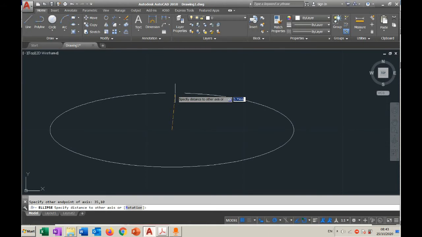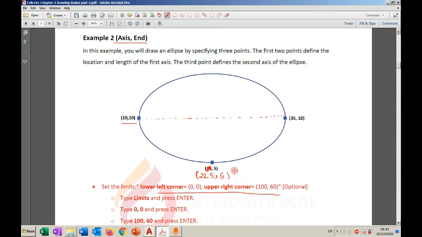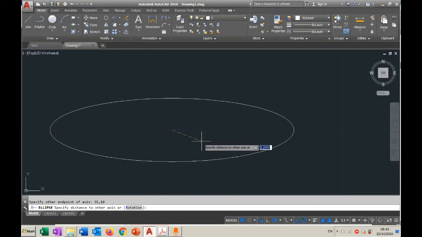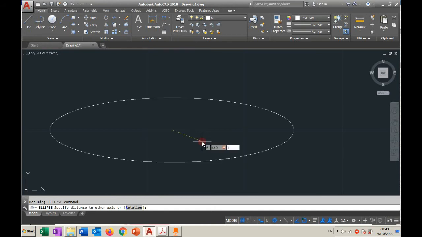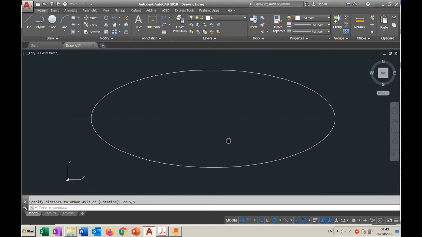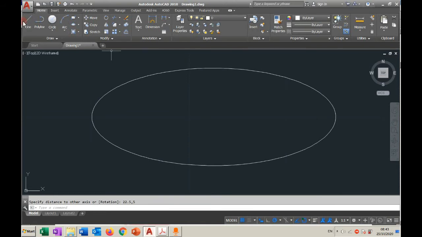I mean, this is information on the second axis. What do we have here? We have a coordinate. We will provide the coordinate, which is 22.5, 5. So hashtag, the direction doesn't matter, wherever you leave the mouse. This is coordinate 22.5, 5. Hit enter, you'll have the ellipse. Now look at this ellipse.